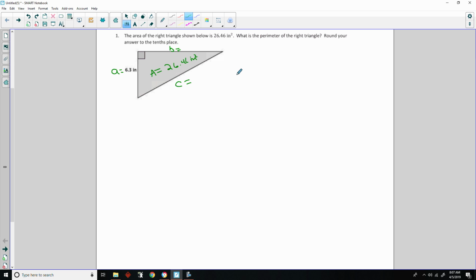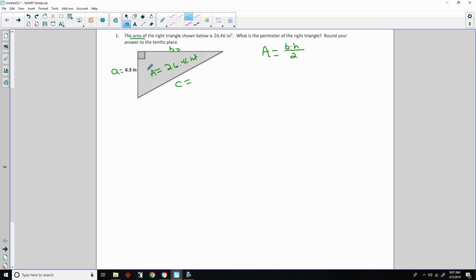Always start a problem with an equation that deals with what we are given. So it's area, and we know the area of a triangle equals 1/2 base times height, or base times height divided by 2, either way you want to write it. We'll let B be our base.